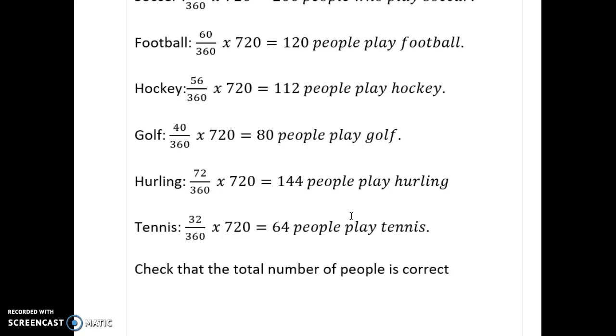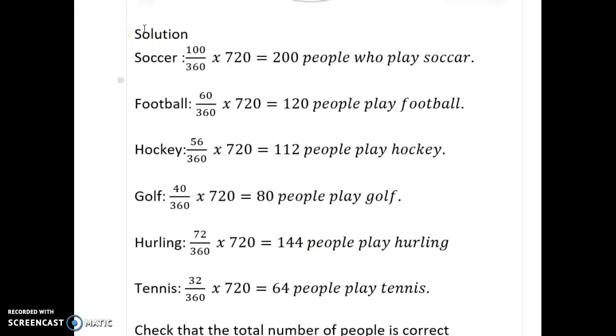So we add 120 plus 112 plus 80 plus 144 plus 64, and don't forget the 200 from the start, and that does in fact equal 720. And that is how you work out the number of people playing in each sector for a pie chart.